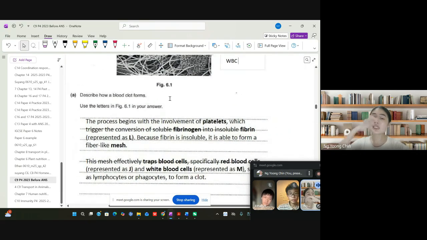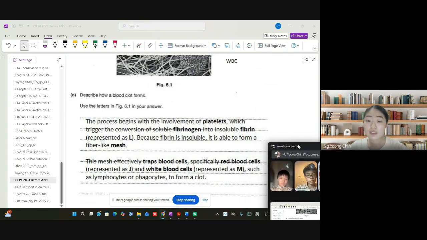So they always ask about the process, how the blood clot is being produced. So your answer should include what? For example, like this one, okay? Platelets. So you trigger the production of platelets. So the platelets will convert the soluble fibrinogens become the insoluble fibrins.